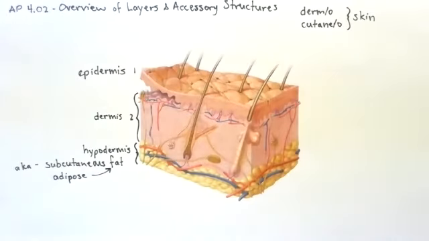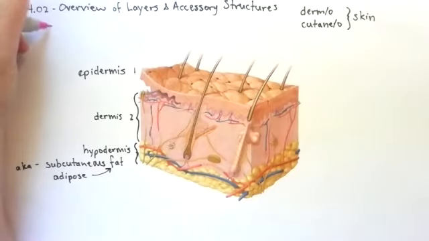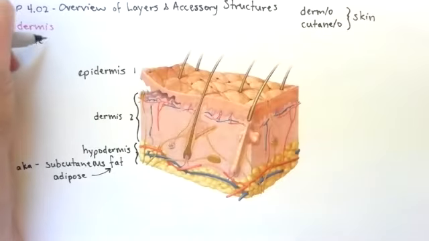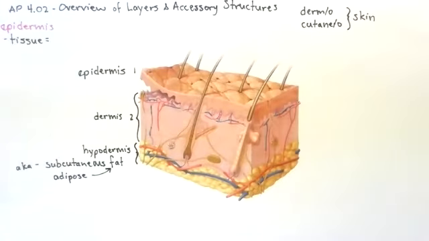So let's do the epidermis notes up here in the corner. When we talk about the skin, we're talking about what is on the outside, the type of tissue. So we're going to go through each one of these and do the type of tissue. This is a very long term.